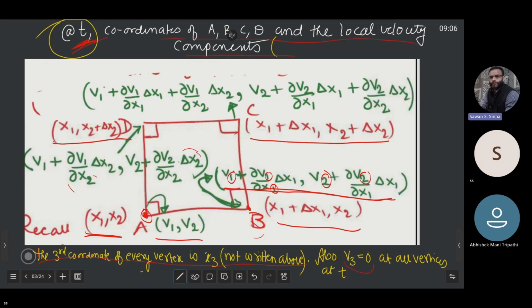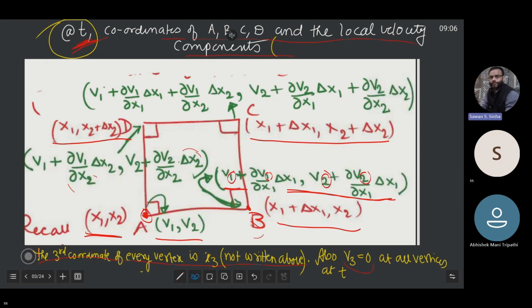But then I have here delta x1, del x1, delta x1, because B is displaced from A in the e1 direction by this much distance. By the same token, we have here derivative of v2 with respect to x1 and delta x1.